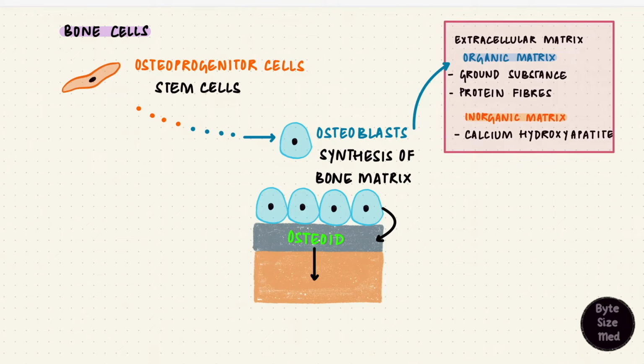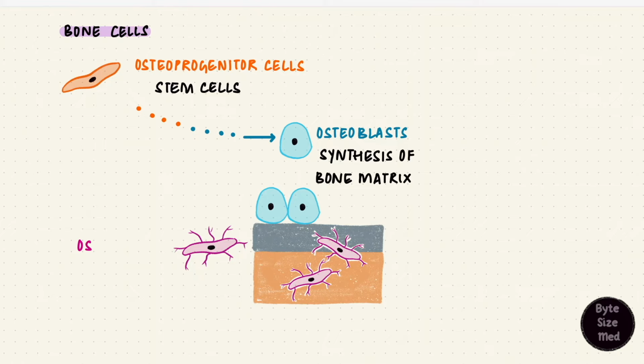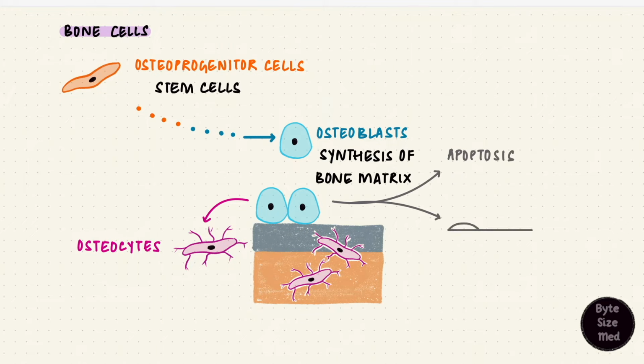It then gets mineralized to form calcified bone matrix, again regulated by the osteoblasts. When they form the matrix, some of the cells get trapped in the matrix and differentiate into mature bone cells called osteocytes. Those that don't form osteocytes either undergo apoptosis or they can remain as bone lining cells, lining the surface of bone.